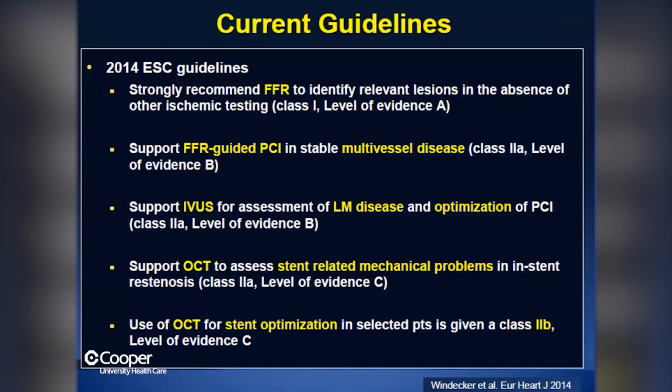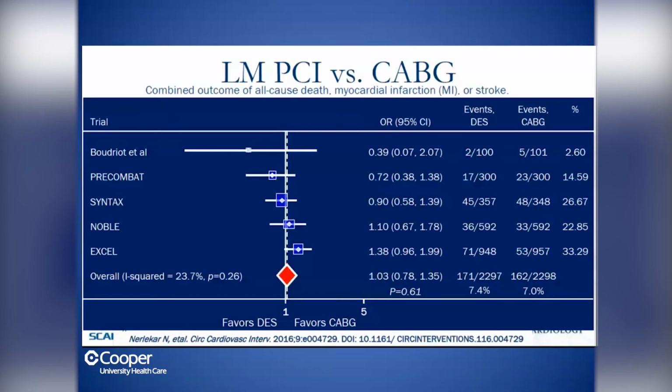Obviously, FFR exists in both guidelines, American and European. FFR is a very important tool to identify physiologically important stenosis, in multivessel and single vessel disease. Left main IVUS is a 2A recommendation to be the basis of therapeutic recommendation.